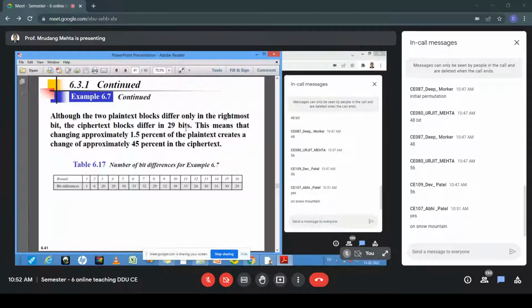Percentage-wise, only a 1.5% change in the plain text creates approximately a 45% change in the ciphertext. 29 bits of 64, that is 45% change.